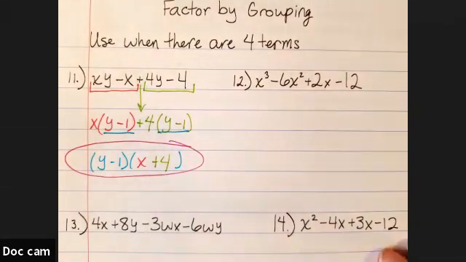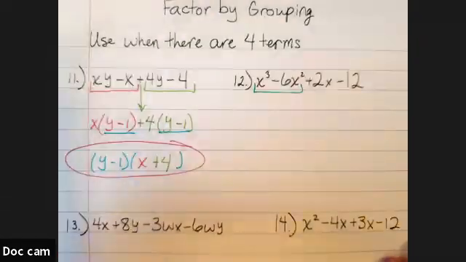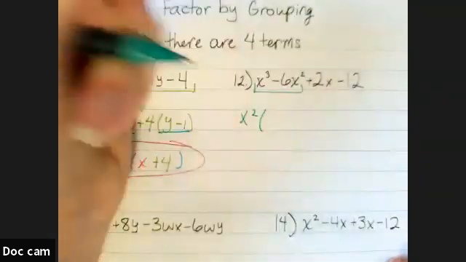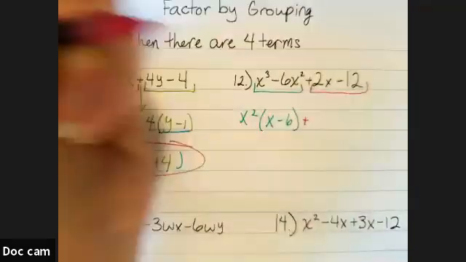Okay, number 12, same thing. So let's say we group the first two terms together, and the GCF there is x squared. And when we factor that out, we're left with x minus 6 in parentheses. Bring down the plus. And for the last two terms, the GCF is 2.